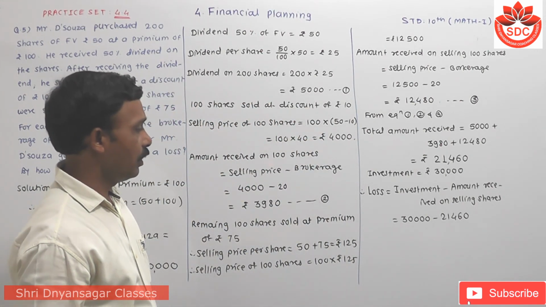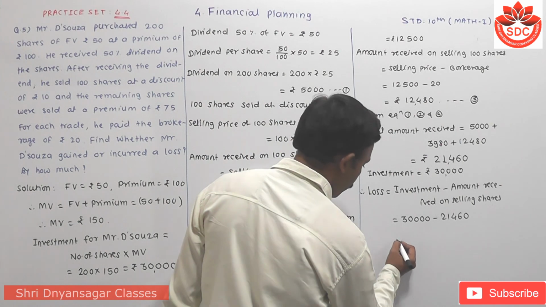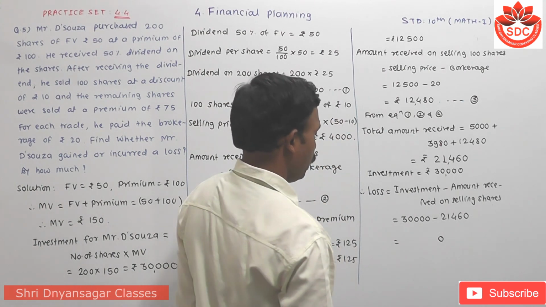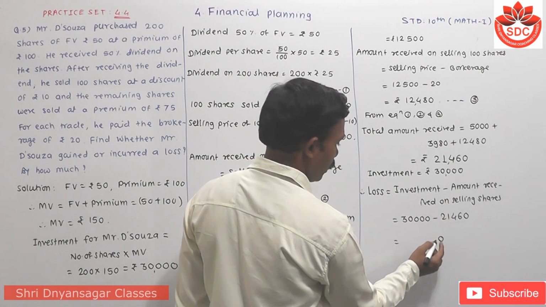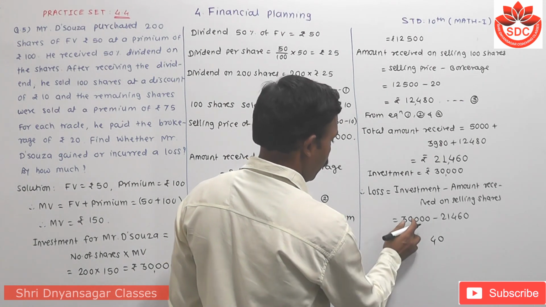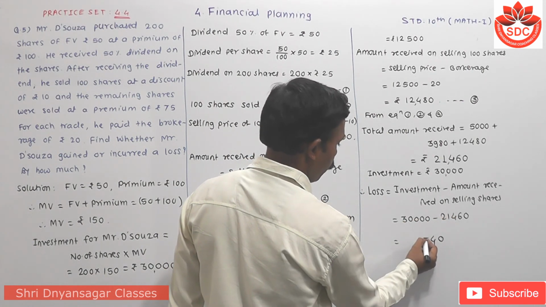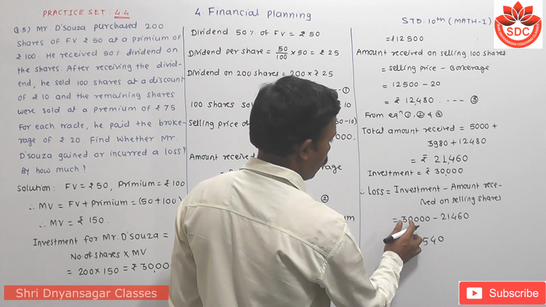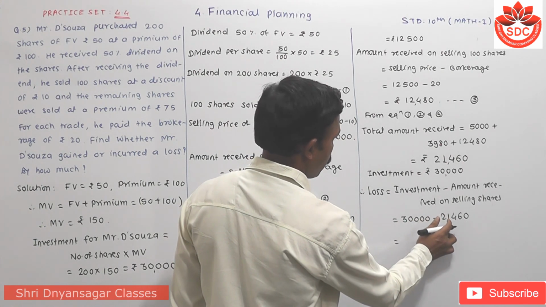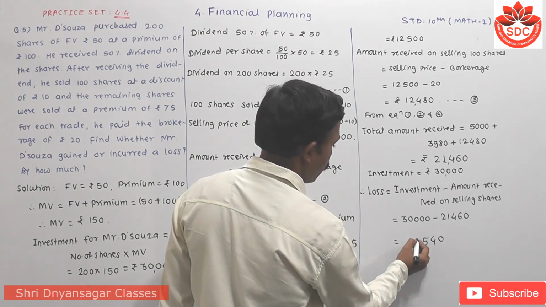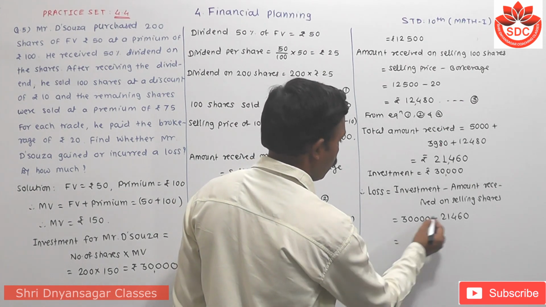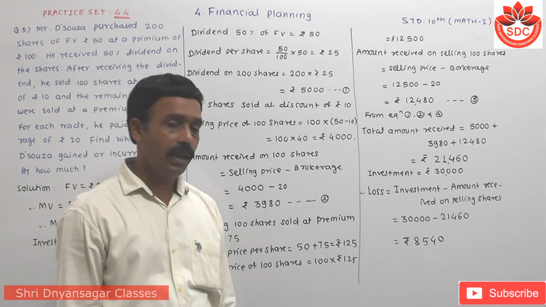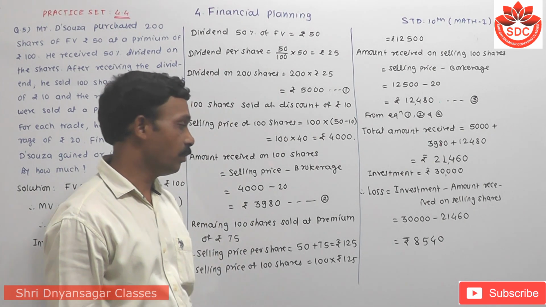Now subtract directly: 0 as it is, then from 10 subtract 6 becomes 4, then 9 minus 6 becomes 5, then 9 minus 1 becomes 8, and 2 minus 2 becomes 0, meaning rupees 8,540 is the total loss for Mr. D'Souza.